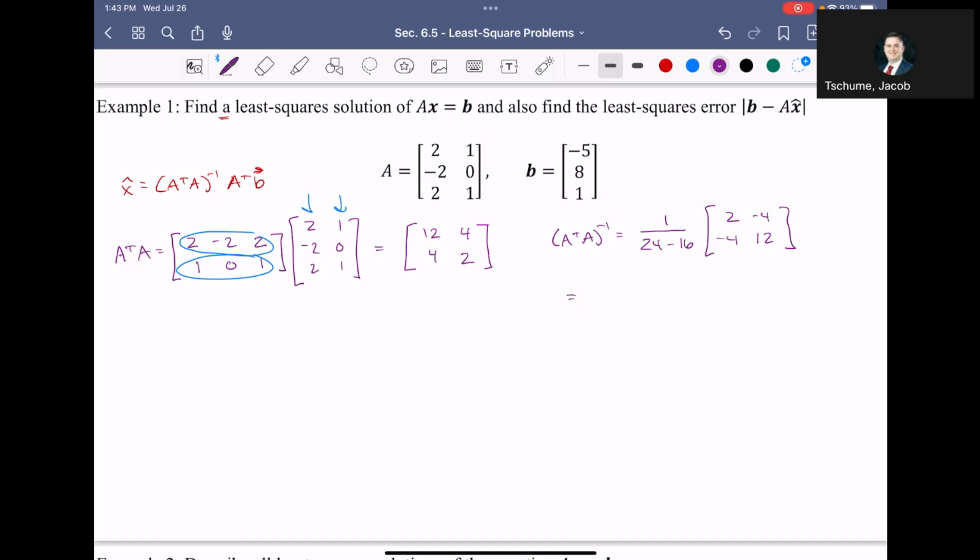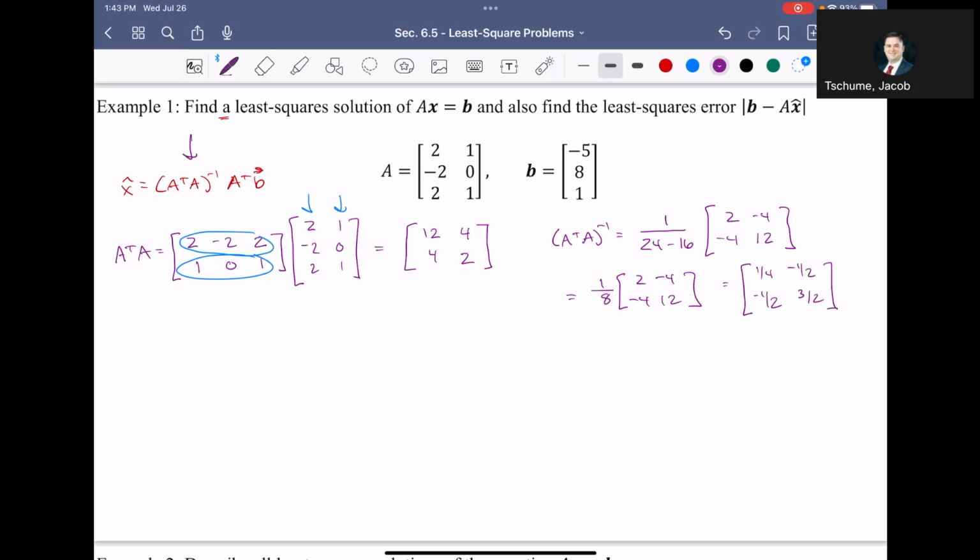So this ends up giving us 1 over 8 times 2, negative 4, negative 4, 12. And so if I multiply everything by an eighth, I will end up getting a fourth, a negative 1/2, a negative 1/2, and then a 3/2. And so that gives me my A transpose A inverse part.